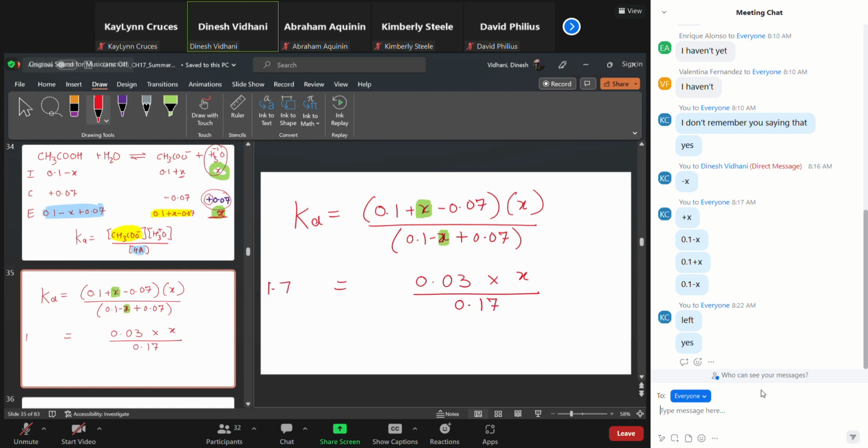And Ka is 1.75 times 10 to the power negative 5. So your X would be equal to 1.75 times 10 to the power negative 5 multiplied by 0.17 divided by 0.03. Can you calculate that for me, guys, and tell me what you're getting?